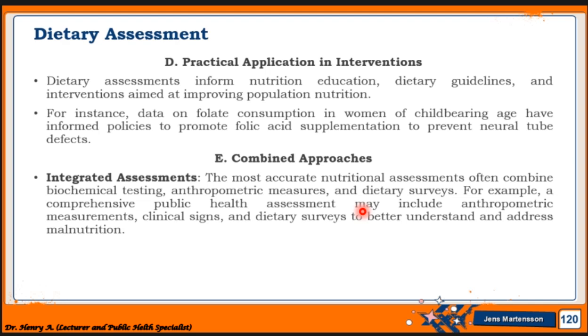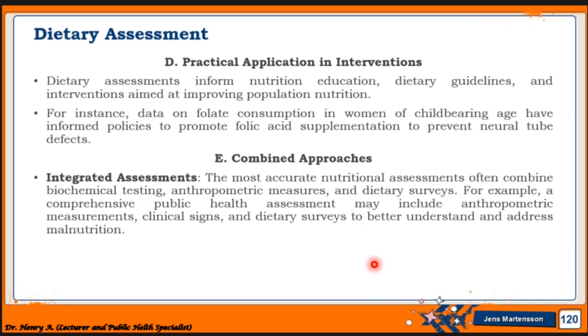How about combined approaches? That is in terms of integrated assessment. The most accurate nutritional assessment often combines biochemical testing, anthropometric measures, and dietary surveys. For example, a comprehensive public health assessment may include anthropometric measurements, clinical signs, and dietary surveys to better understand and address malnutrition.